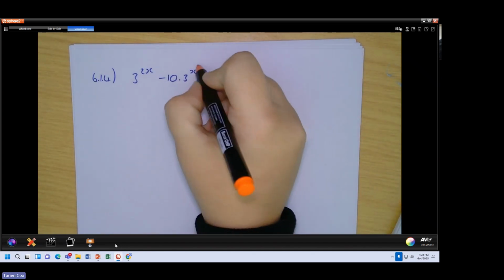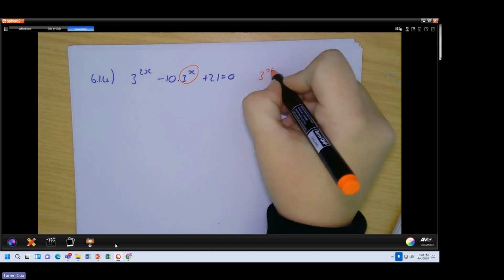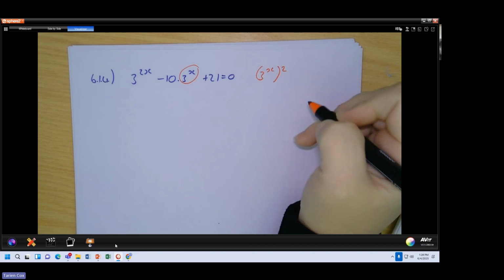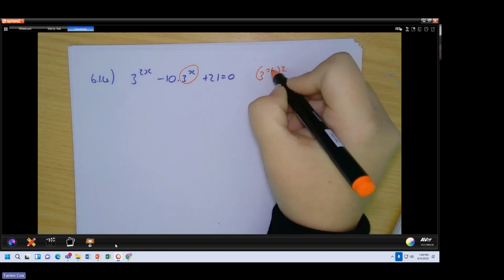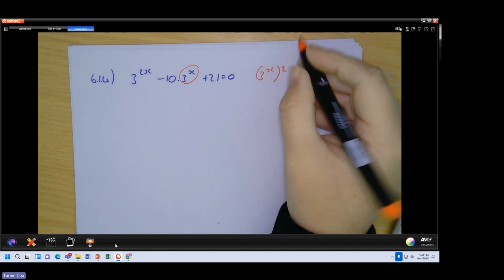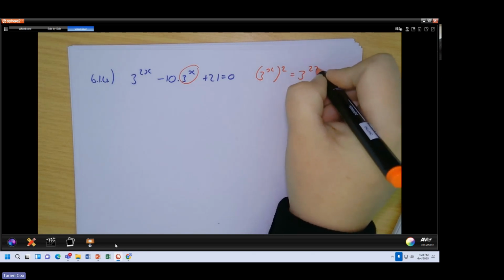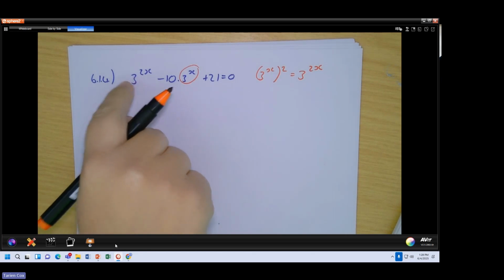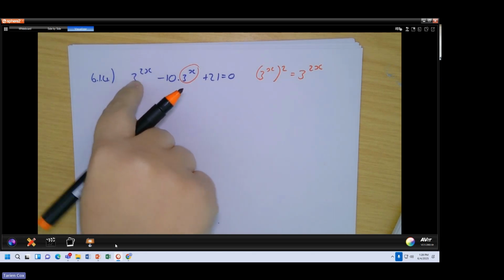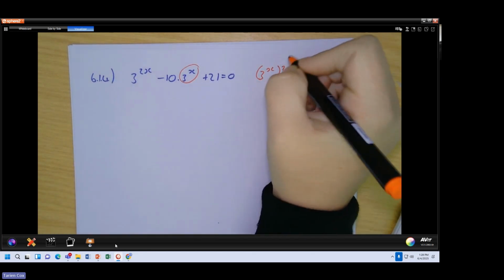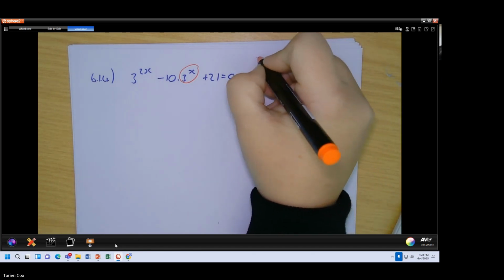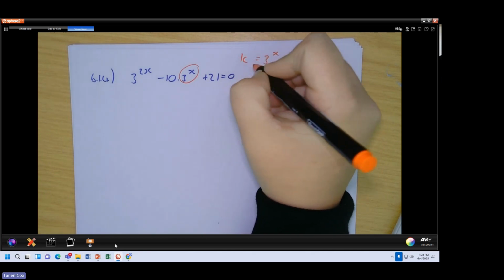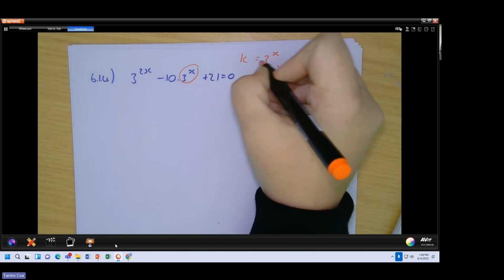If I take the 3 to the power of x, and if I square that, remember when you square, that means your exponents need to multiply. That will give me 3 to the power of 2x. And I can see it resembles here, which means that if I choose to make 3 to the power of x into a variable that is easier for me now, that I choose k.